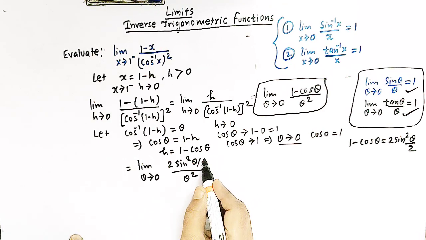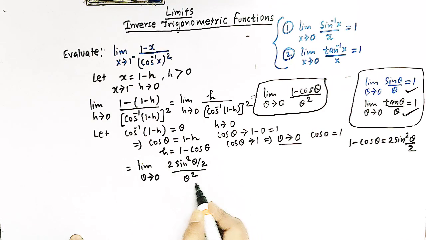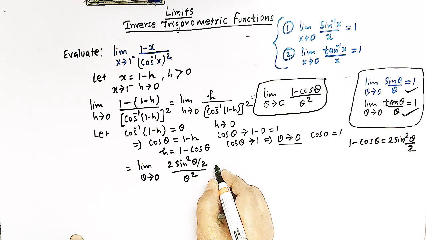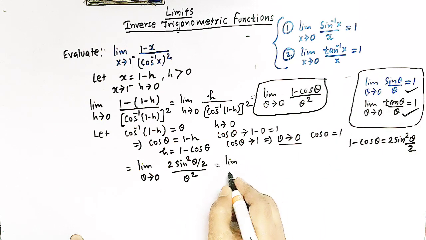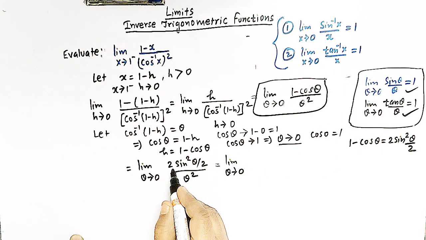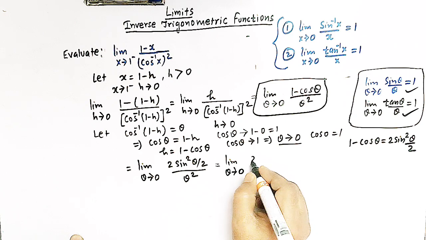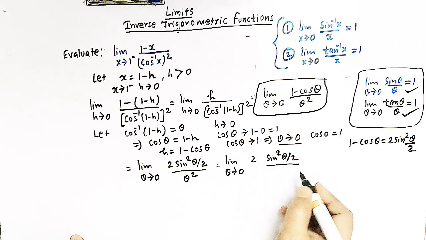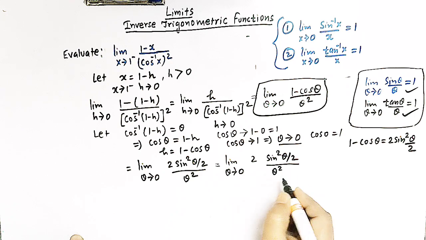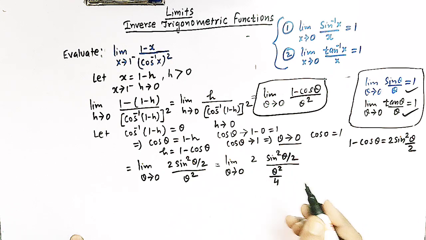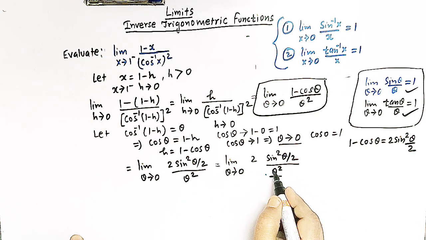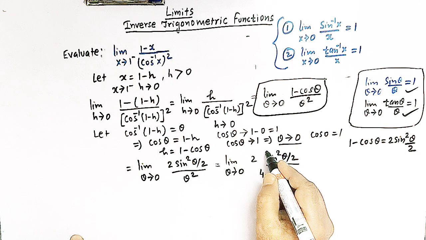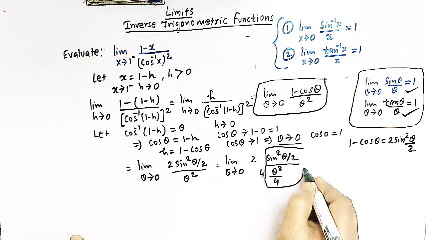So now let us try to express this limit in this form. We'll write here limit theta tends to 0, and here we can now write 2 sine square theta over 2, and here we can write theta square over 4, and here we divide theta square by 4 and multiply theta square by 4. So now we have this term, right?